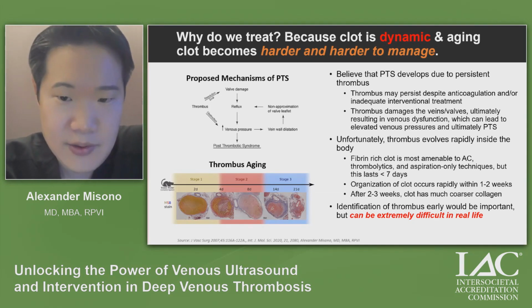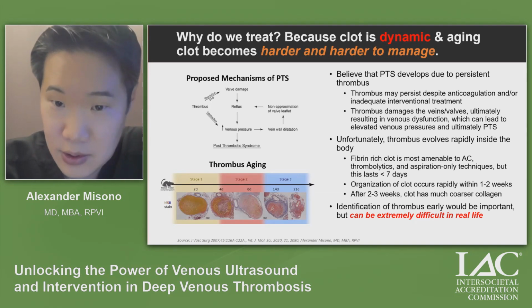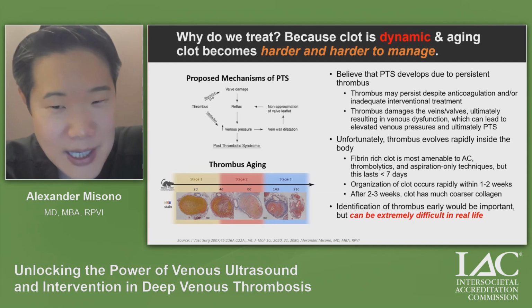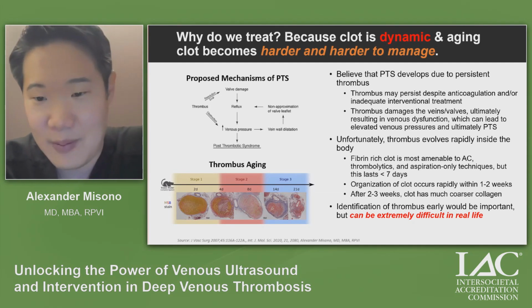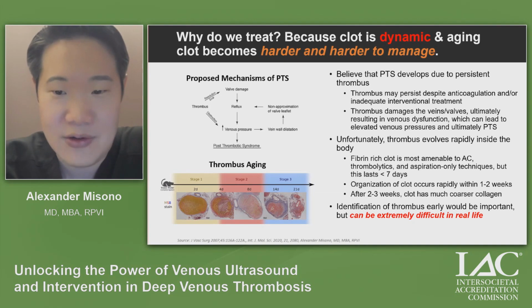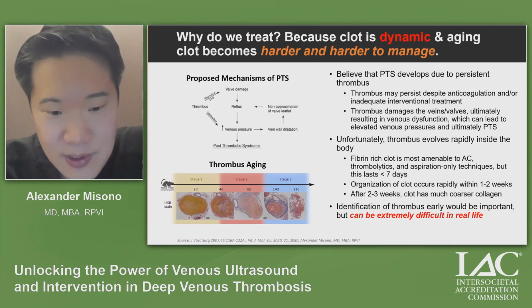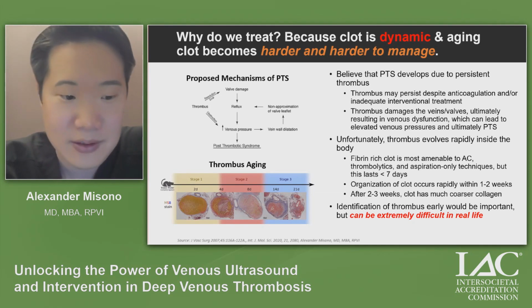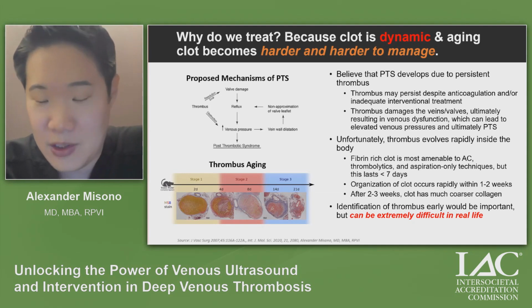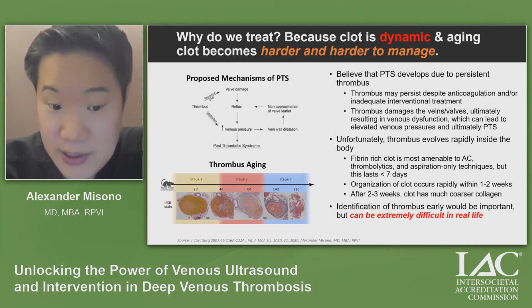After anticoagulation, thrombus that is left over, unfortunately, acts a bit like glue and a bit like plaster at the same time. Thrombus turns into a more fibrotic, scar-like material relatively rapidly. If we look at the pictures in the bottom left of the slide, this is a study in a mouse model that looked at the change in the composition of thrombus from acute, which is brand new within days, to a week and even weeks.